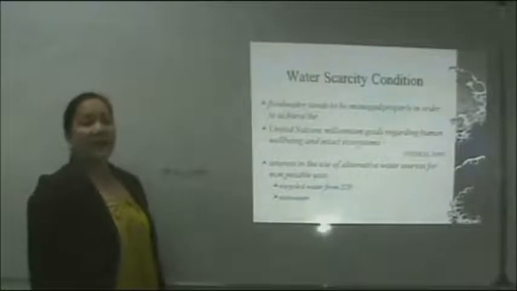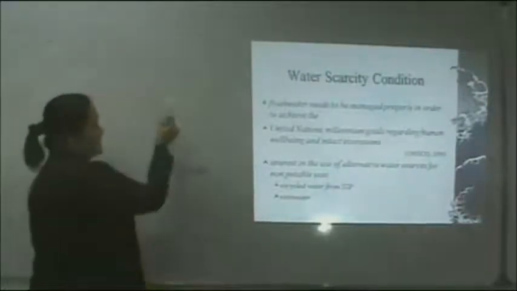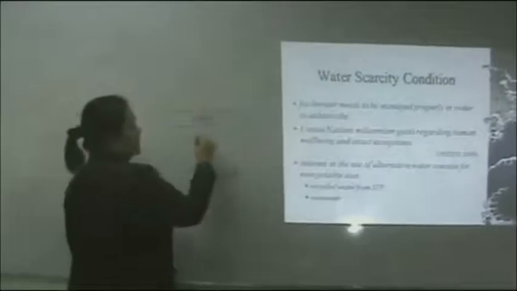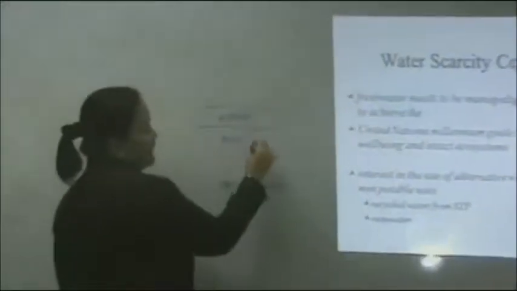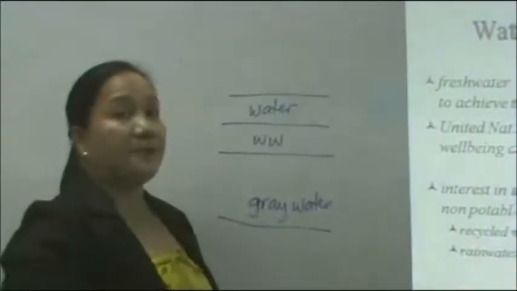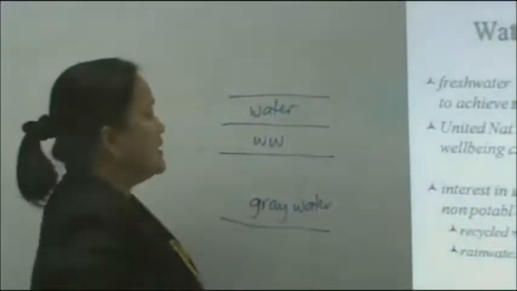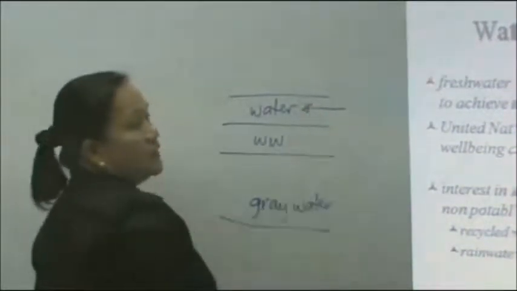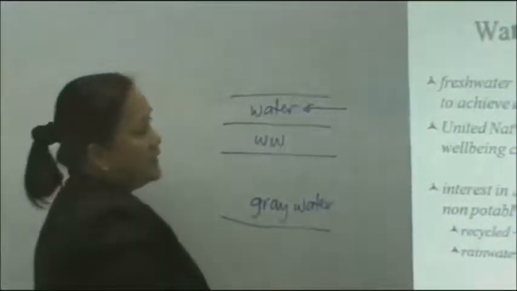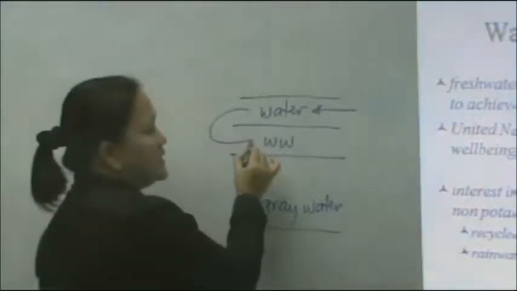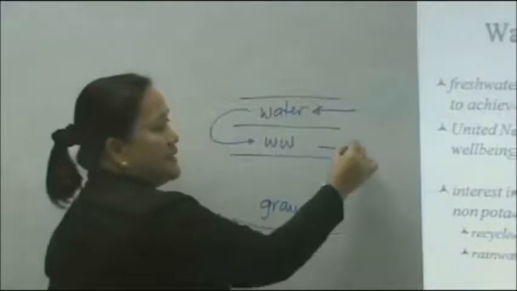So in Ayala Alabang, we dream of doing this. If you have the water pipe here, then you have the wastewater pipeline, then we will have the gray water as the third pipeline. That is, the water will be provided by the water concessionaire such as Maynilad or Manila Water, and then this will be collected in the sewerage so as to go to the STP.